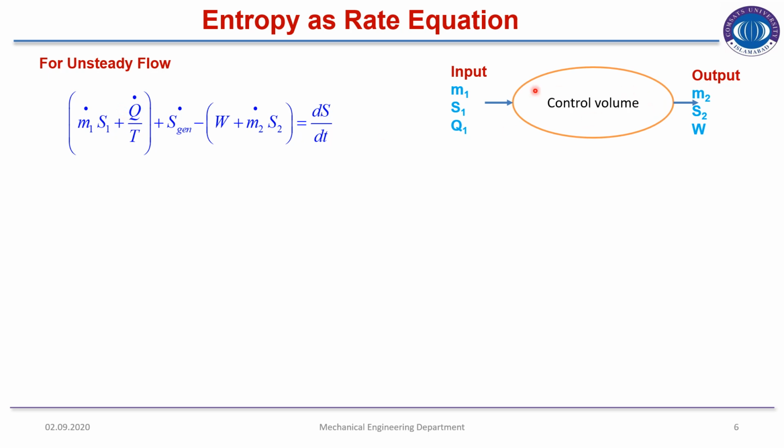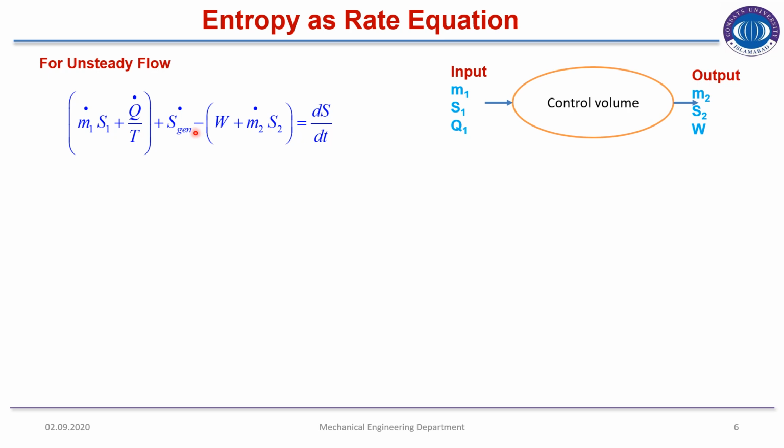So the total heat content of the system is rising. Therefore, there will be a positive sign with Q because heat is supplied to the system. The entropy term linked with the heat transfer is given by Q dot by T. S dot gen is the rate of entropy generation due to the irreversibility present within the control volume.